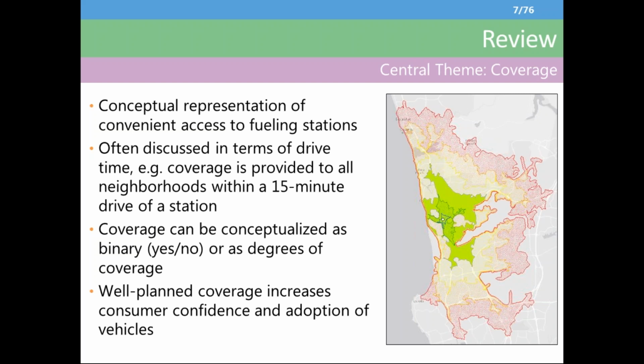So, for example, a neighborhood that is 1 minute away from a station might be determined to have more coverage, more convenient access to hydrogen fueling than a neighborhood that is 15 minutes away from a station. And a neighborhood that is within 5 minutes of 2 stations might have more coverage and more access than a neighborhood that's within 5 minutes of only 1 station. And the whole goal here is that well-planned coverage increases consumer confidence and the likelihood of adoption of fuel cell electric vehicles.